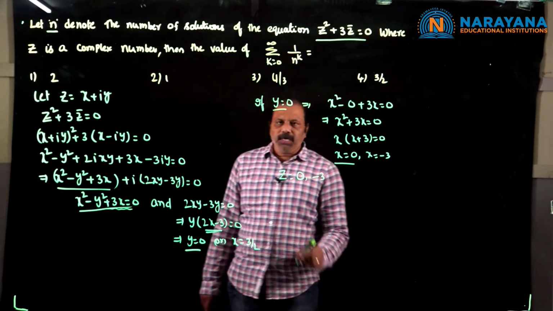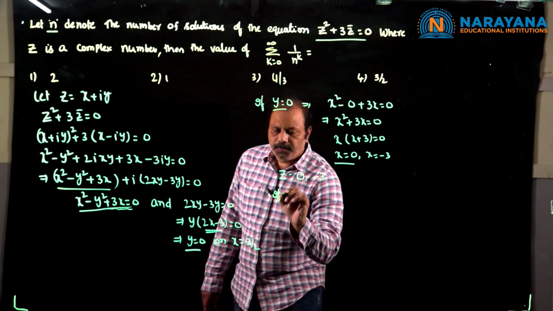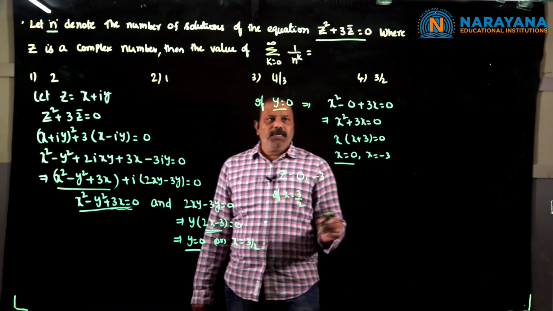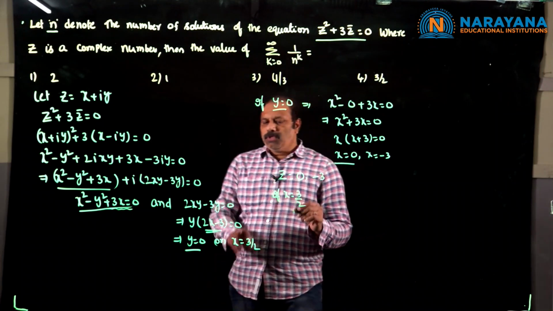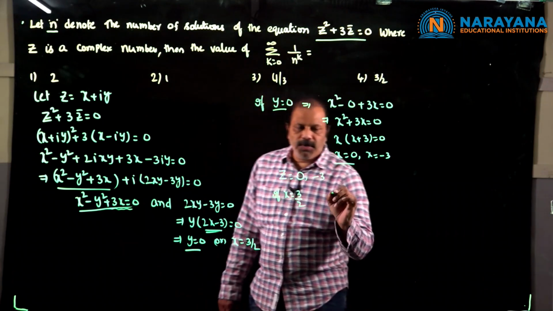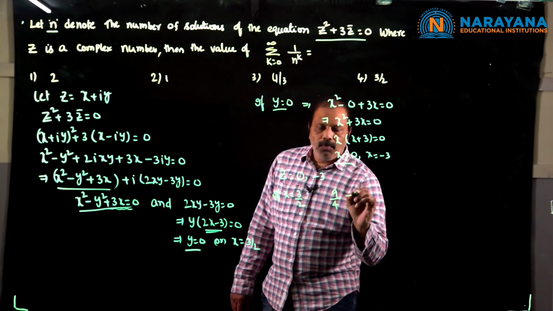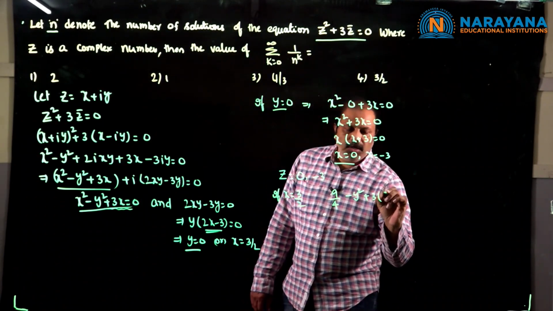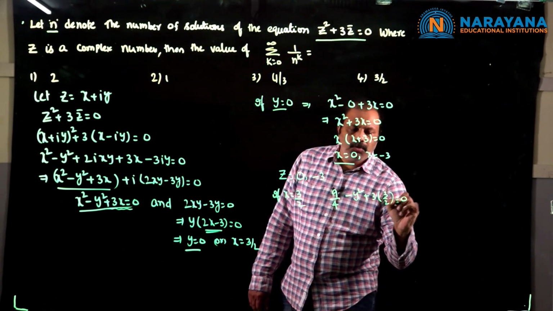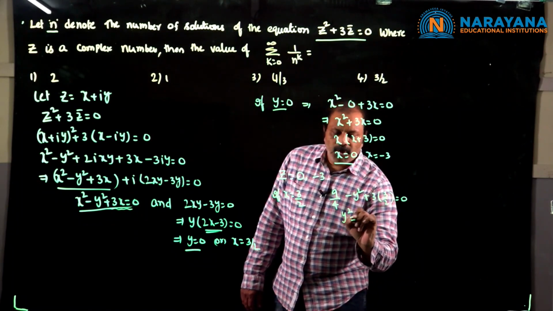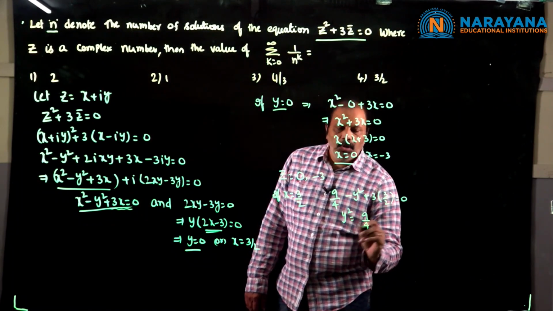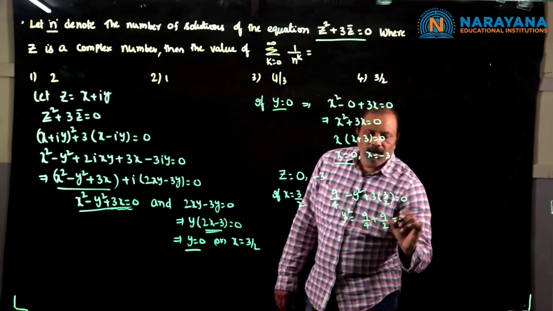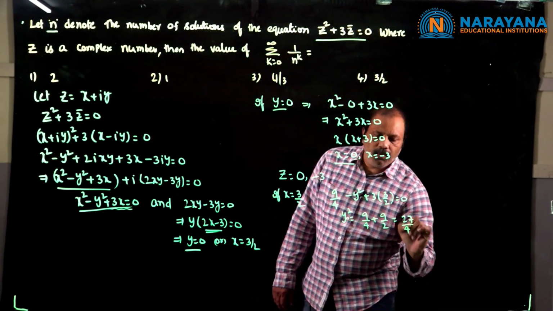Now, if I put x is equal to 3 by 2 in the same equation, 9 by 4 minus y squared plus 3 into 3 by 2 is equal to 0. From this, y squared is equal to 9 by 4 plus 9 by 2, which is nothing but 27 by 4.